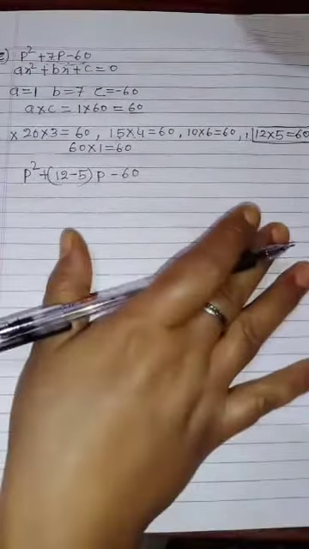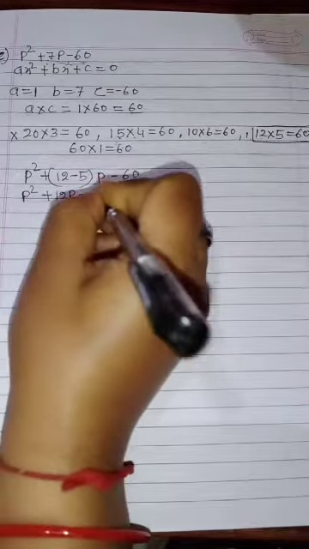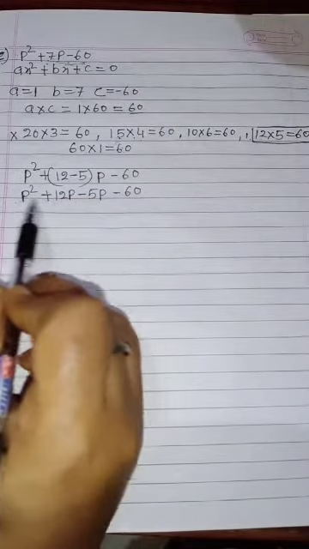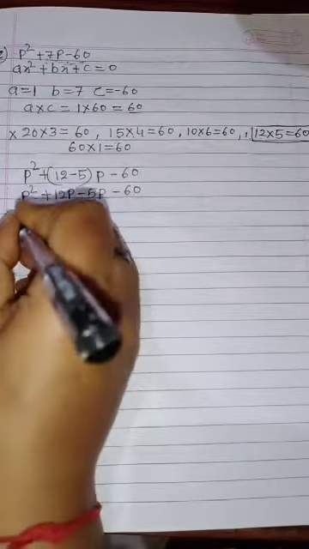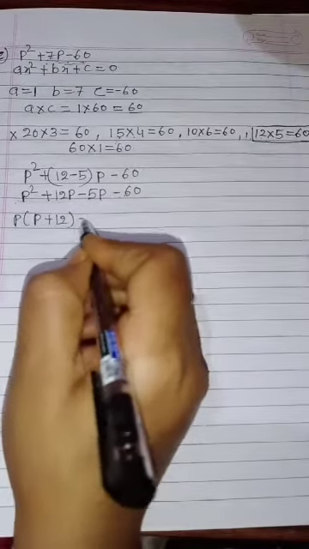Now see that P square plus 12P minus 5P minus 60. In these two, what is common? P. So take P common: P plus 12. Now here both places have a minus sign, so take minus as common.